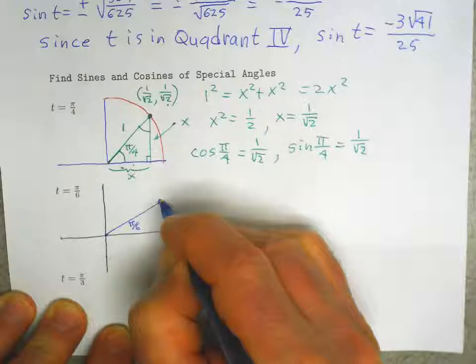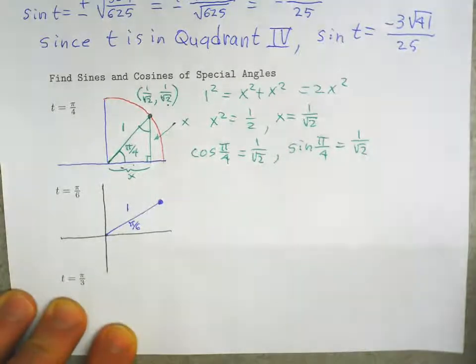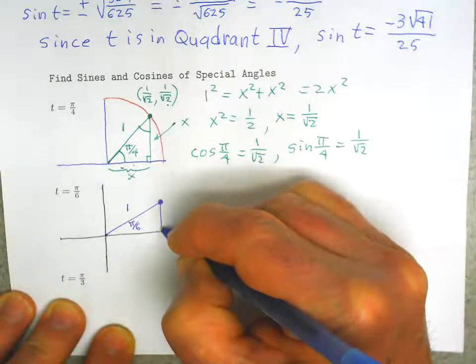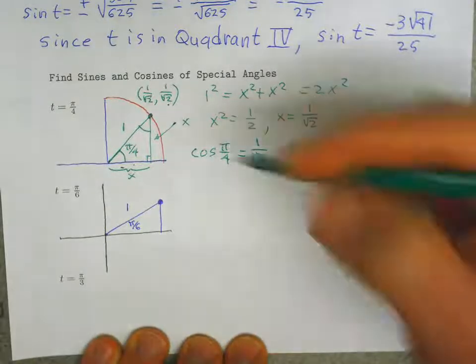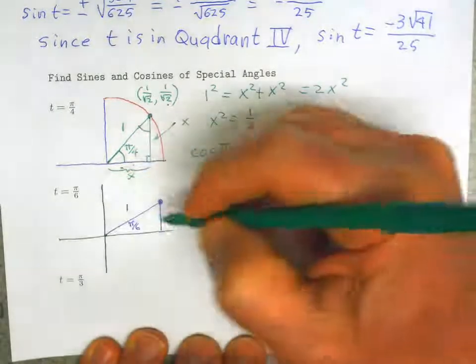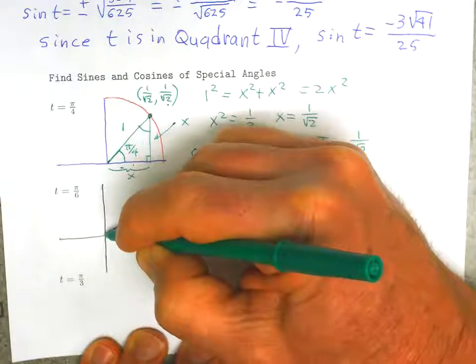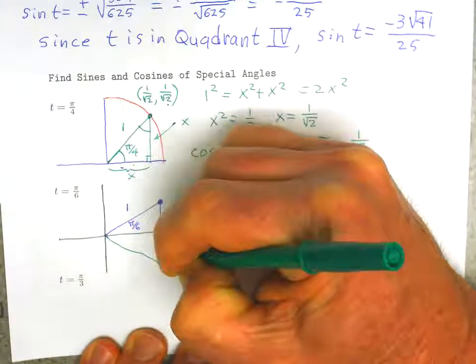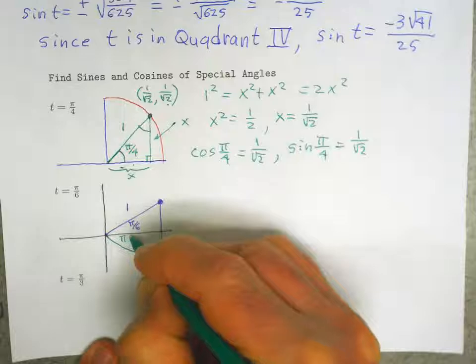And here's a point on the unit circle. The radius is 1. And we can construct a right triangle. What we do in this derivation is construct another triangle below the x-axis so that this angle is also pi over 6.